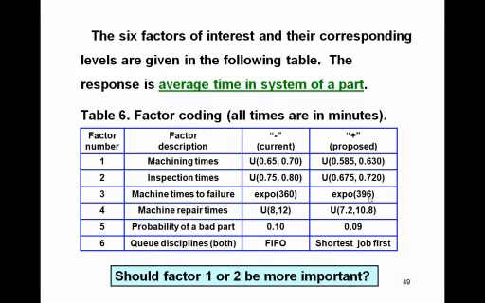It would seem that 10% bigger is worse, but actually it is potentially an improvement, because if times to failure are bigger, then presumably the system will operate better. In terms of repair times, we're going to make them 90% as big, or we're going to reduce them by 10%. So 90%, for example, of 8 is 7.2. And coming down to a probability of a bad part, the as-is system, it's 0.1.